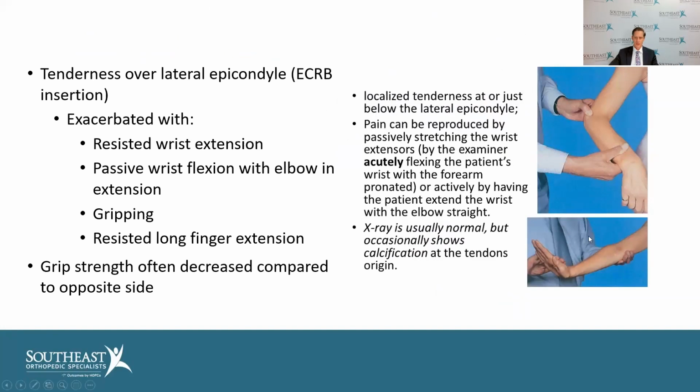Here's another picture of some of that physical exam. The most specific muscle that gets reported when we talk about lateral epicondylitis is called the ECRB, which stands for extensor carpi radialis brevis. It's really a conjoined tendon. So there are multiple muscles that come together into this tendon. So it's not just the ECRB, although that's the one that gets talked about the most in the literature.